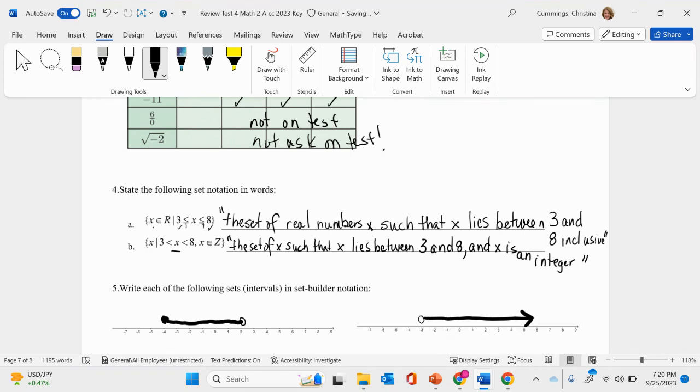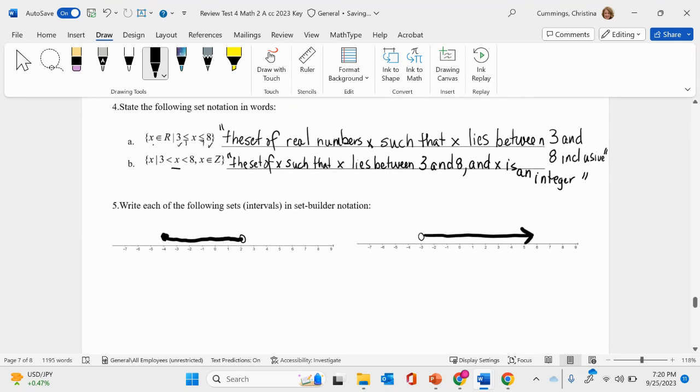All right. So now they want us to write these sets in interval or set builder notation. So set builder notation always begins with that. It always has an x written. If it's not specified, we're going to say x is a real number such that.